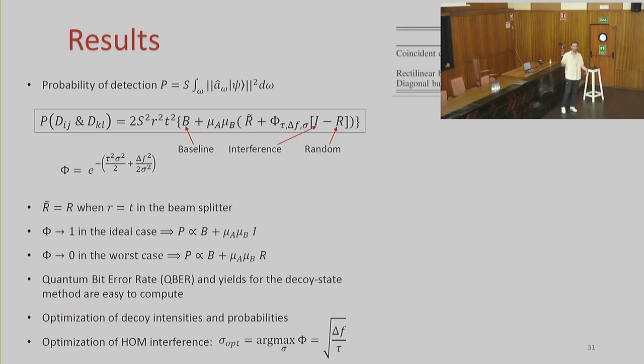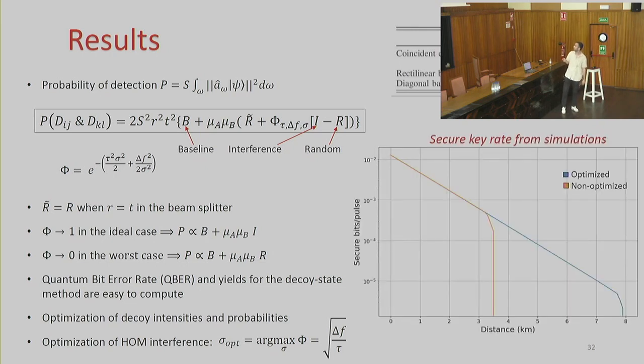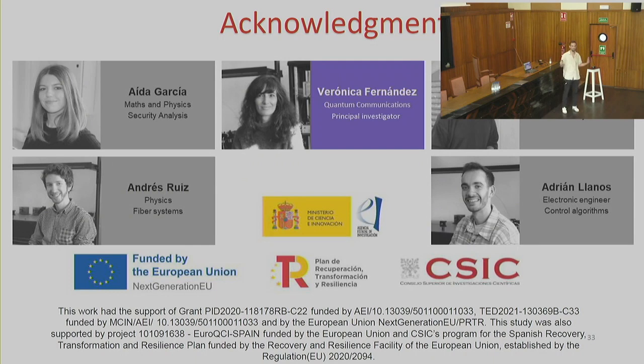With that, you could optimize the decoy intensities and probabilities. Also, this is the optimal width of the pulse to get maximum interference. We ran some simulations and saw that with optimized parameters, you get to a farther distance, which is nice. That's it. I'd like to thank my colleagues who helped me do these calculations.